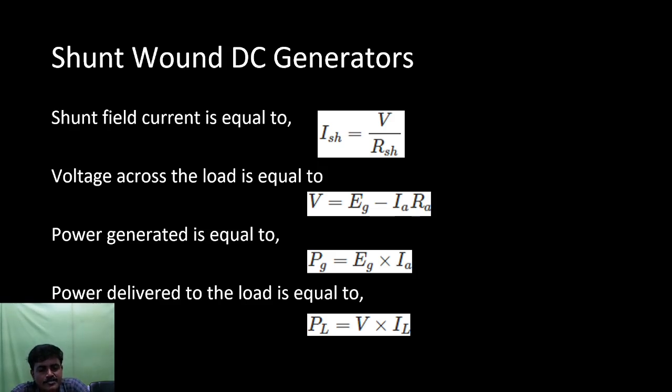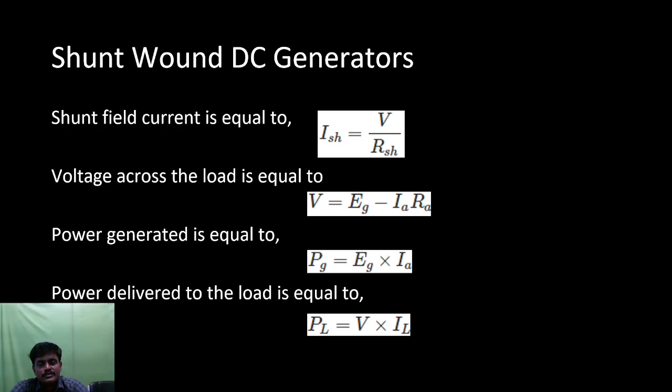These are some equations we use while analyzing the shunt wound generator. The shunt field current is denoted as ISH, which is equal to V by RSH. As per Ohm's law, I is equal to V by R. In the shunt field winding, the voltage is directly applied to the shunt field.